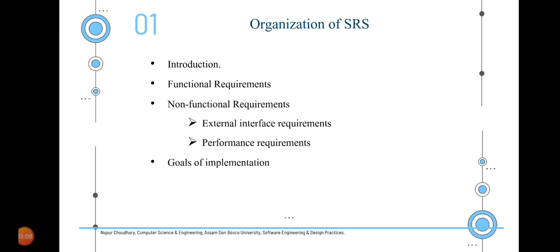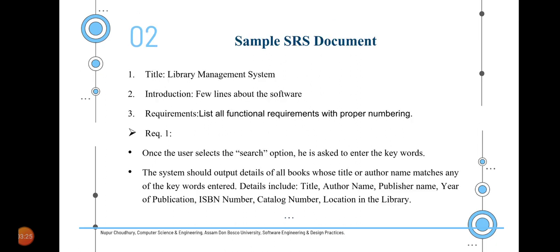The third is the non-functional requirements, where external interface requirements and performance related requirements are listed, and finally goals of implementation will sum up the entire SRS and give a complete form to the document.